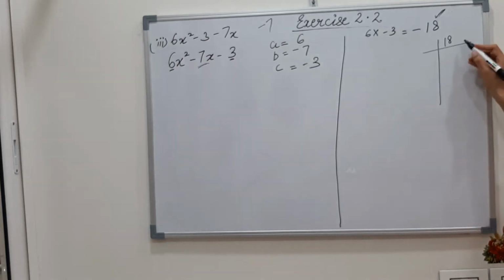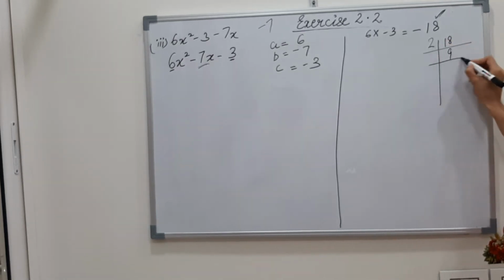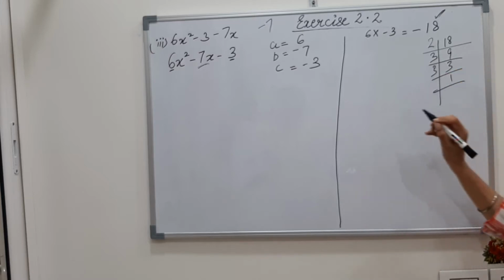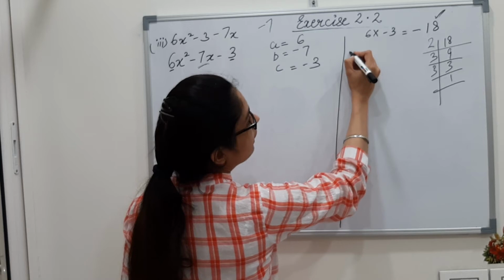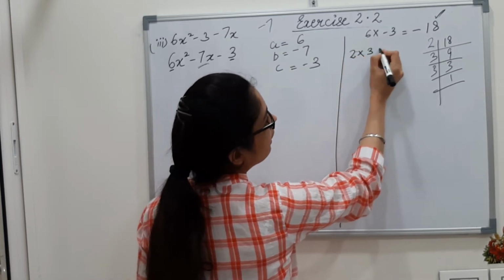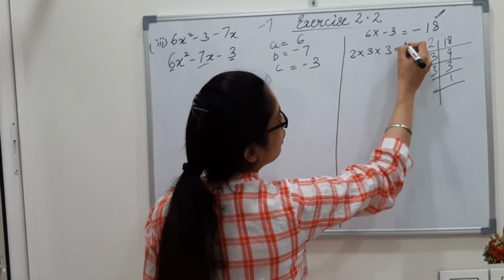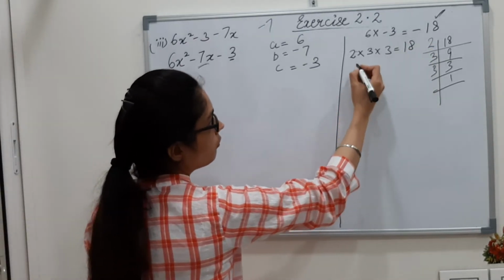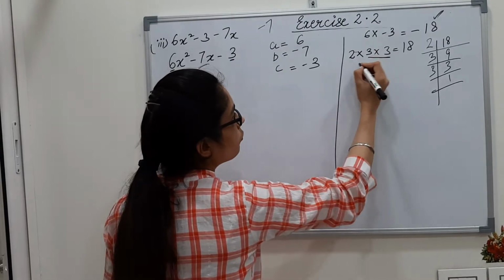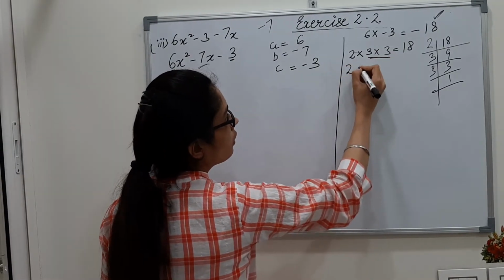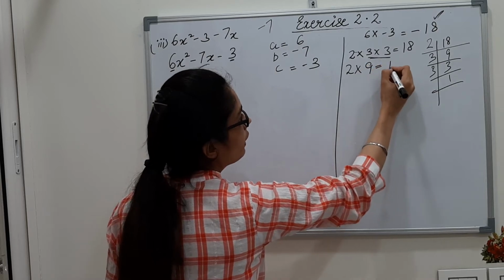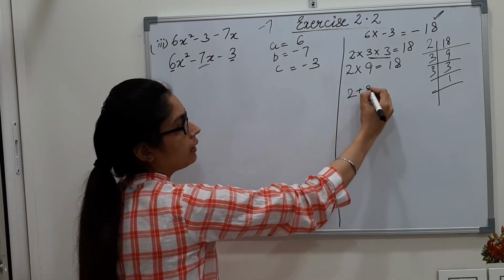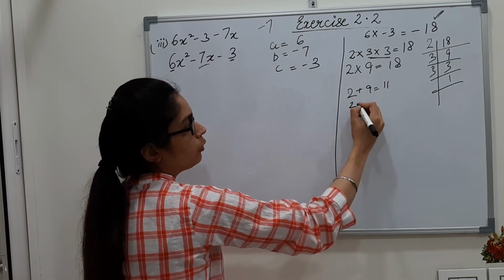So let's make the factors. 2, 9, 3, 3, 3 and 1. So we can see 18 is 2 into 3 into 3 is 18. But we need only two numbers. So we will try. First we can multiply these two. So 2 into 9. So let's try. 2 plus 9 is 11. 2 minus 9.